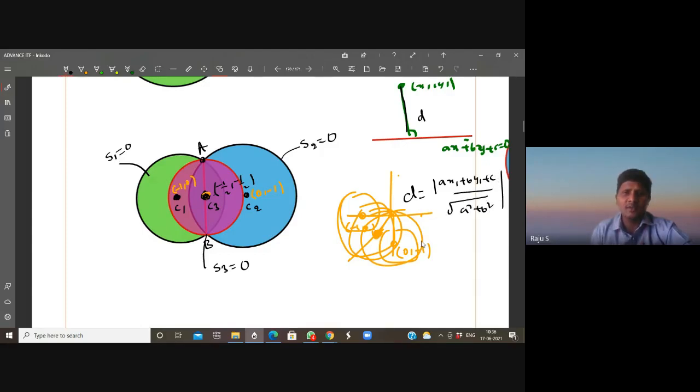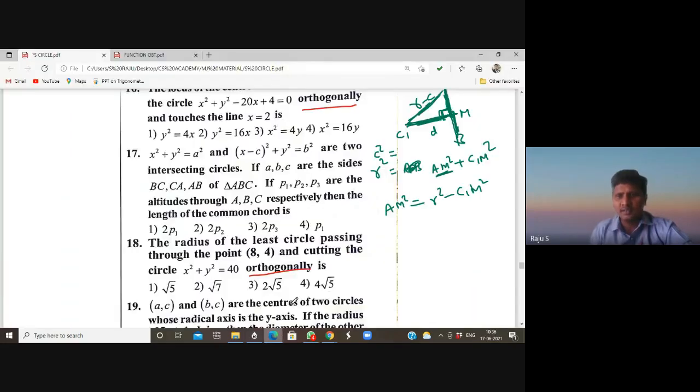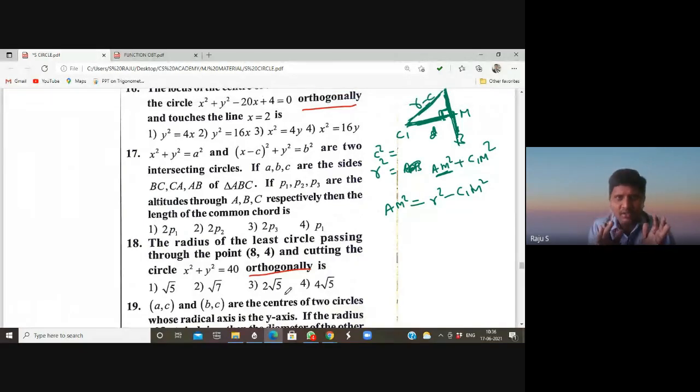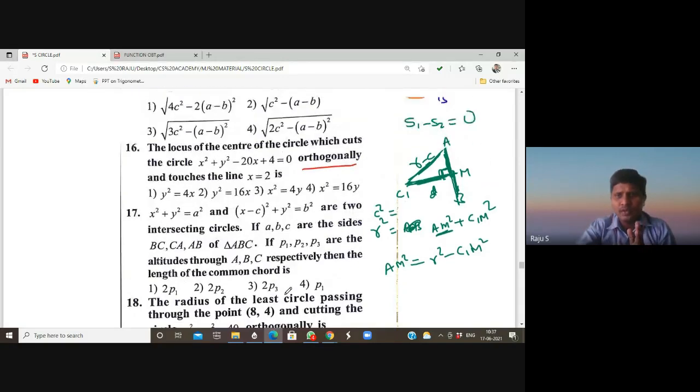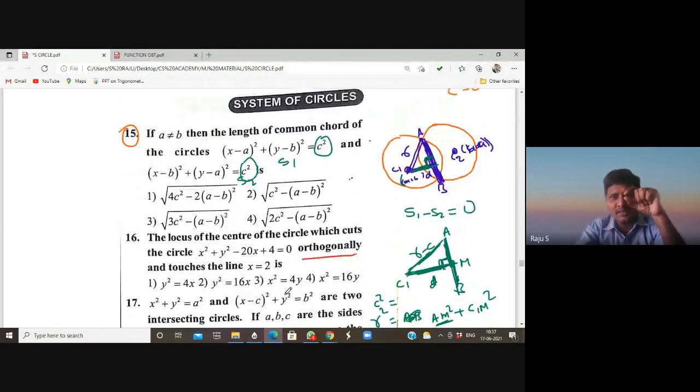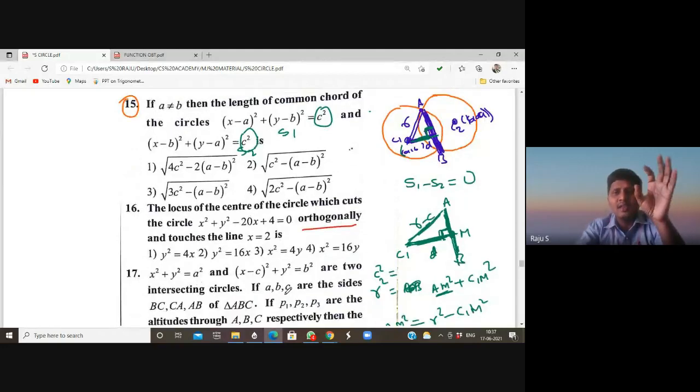Apply this formula, you get the distance d. You already studied this. Try to understand the concept: what we have to do, what points are given. First find the chord equation, S1 minus S2, we get one line equation. You can find the perpendicular distance; the radius is already given.